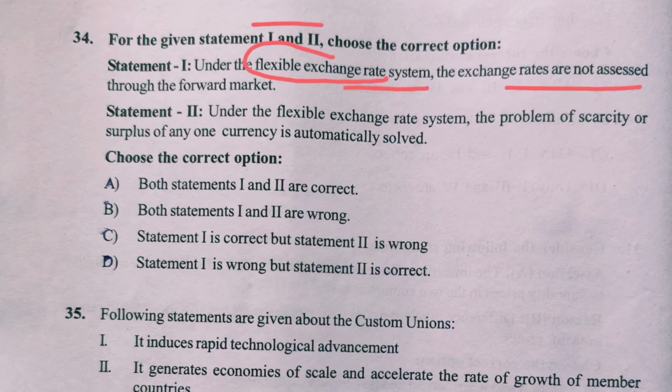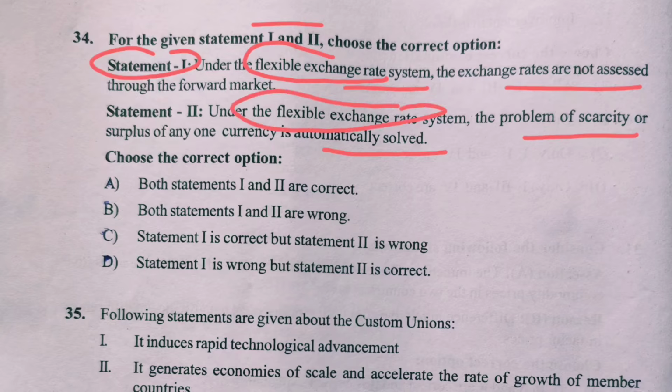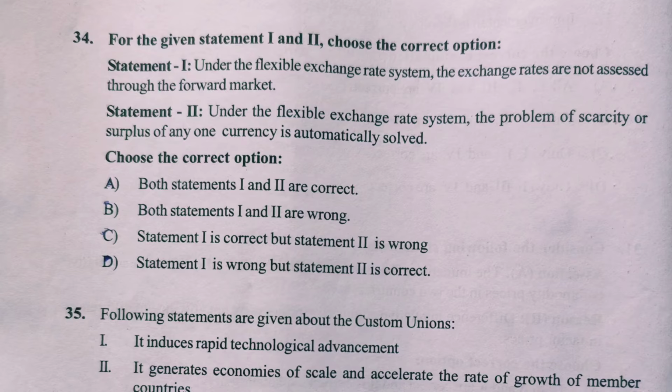So I guess this is incorrect. Under the flexible exchange rate system, the problem of scarcity or surplus of any one of the currencies is automatically solved. Why? Because the exchange rate is flexible and determined by demand and supply of the currency. So it is correct. So statement 1 is incorrect, statement 2 is correct. So D option should be the correct one.